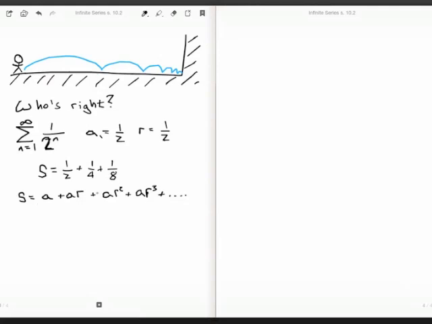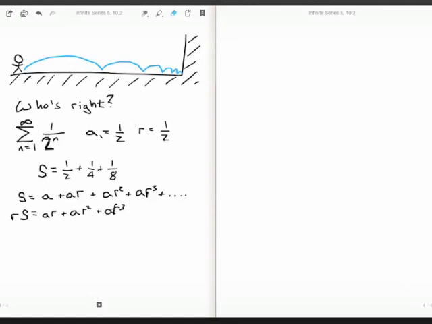So is this any easier than adding 1/2 plus 1/4 plus 1/8? Well, just for kicks, let's say we multiply both sides of this by r. So we have r times this sum. What are you doing, Dressler? Well, bear with me. So A will become A times r plus A r squared plus A r cubed.